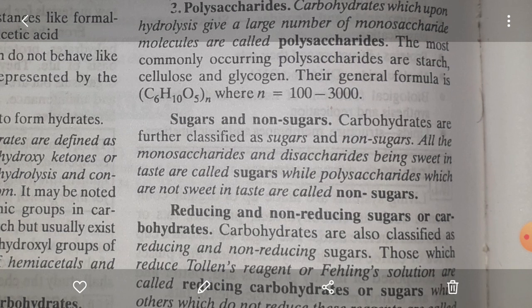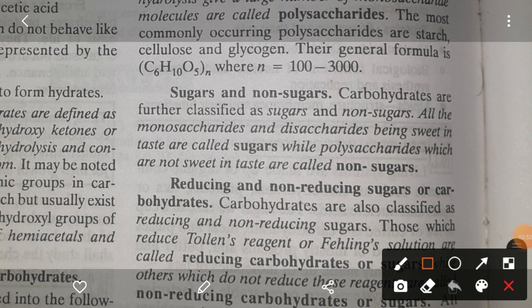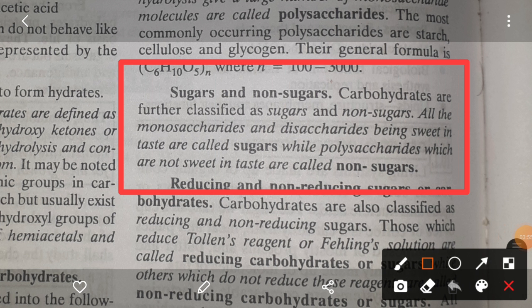Then the second classification is as sugars and non-sugars. What is meant by sugars and non-sugars? Generally the monosaccharides and disaccharides are sweet in taste, and that's why they are called sugars. While the trisaccharides, tetrasaccharides, and polysaccharides are not sweet in taste, and that's why they are called non-sugars.